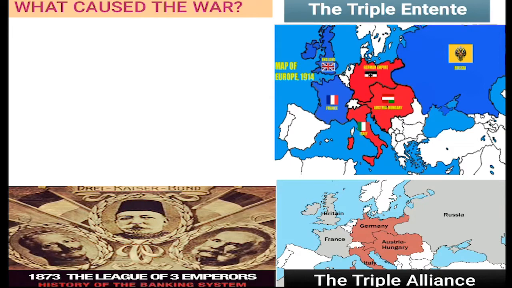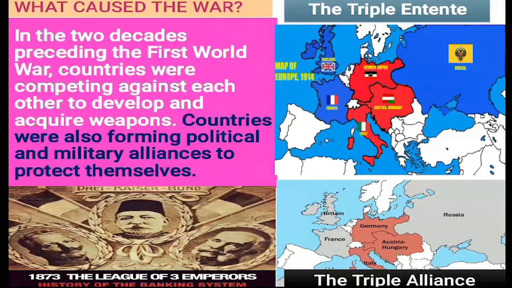What caused the war? In the two decades preceding the First World War, countries were competing against each other to develop and acquire weapons. Countries were also forming political and military alliances to protect themselves.